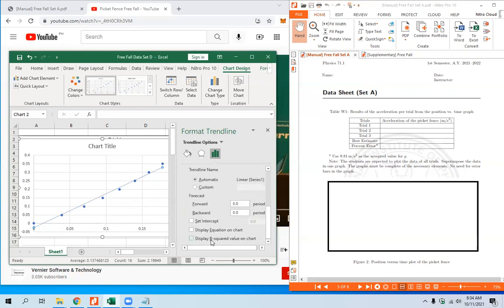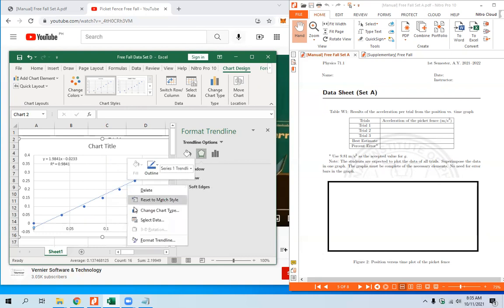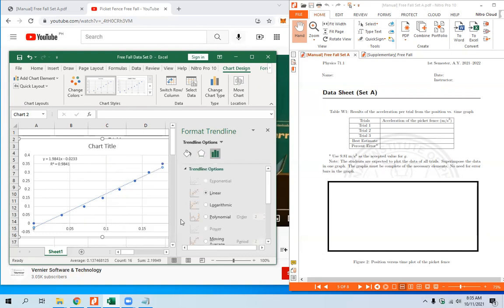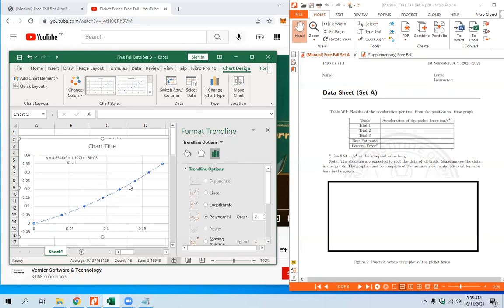If I were to determine the R squared right now, it would be a little bit lower than what I would expect, as compared to earlier. Now, what if I change my trend line to be a polynomial? It's perfectly 1. That means my trend line perfectly fits my data.